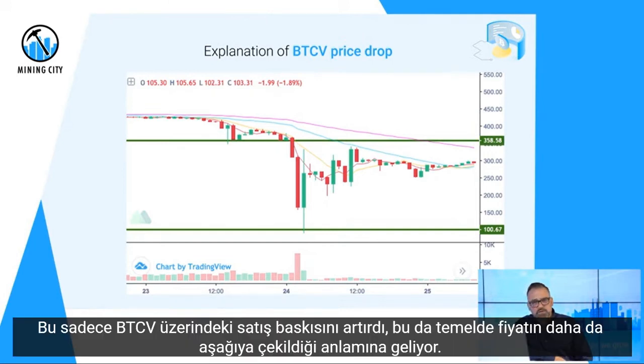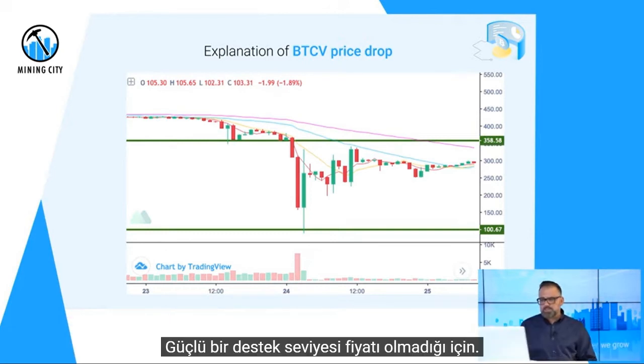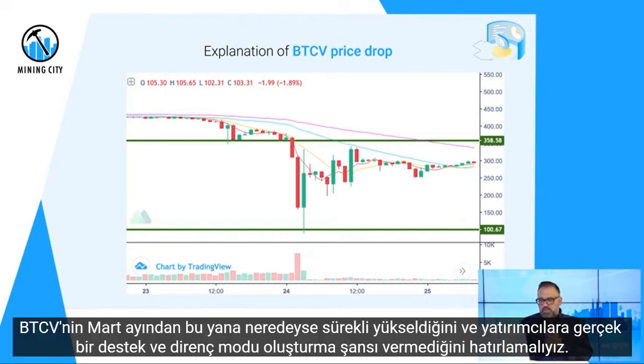This only increased the sales pressure on Vault, which basically means that the price was pushed even lower. Since there was no strong support level, we must remember that BTCV had risen almost constantly since March, and it had not given traders a chance to create any real support or resistance mode.